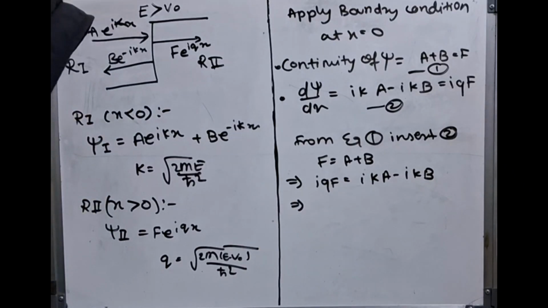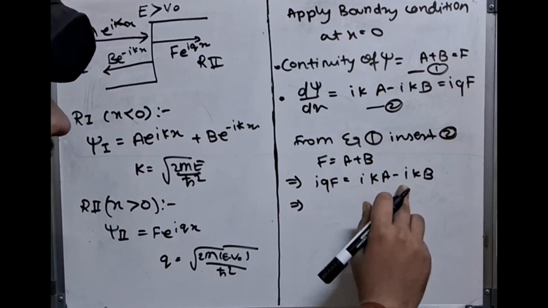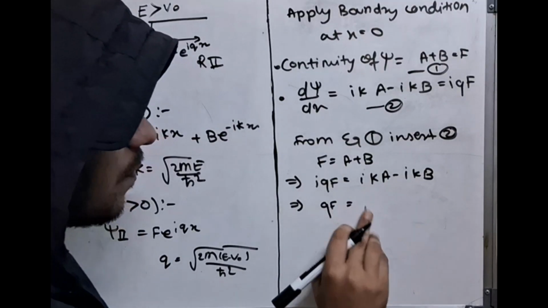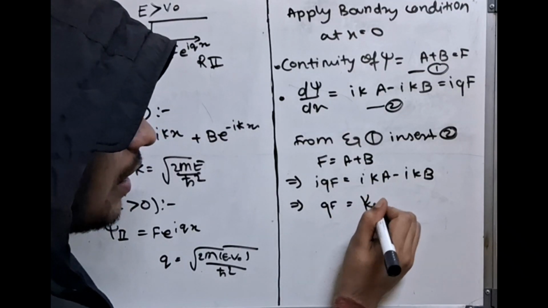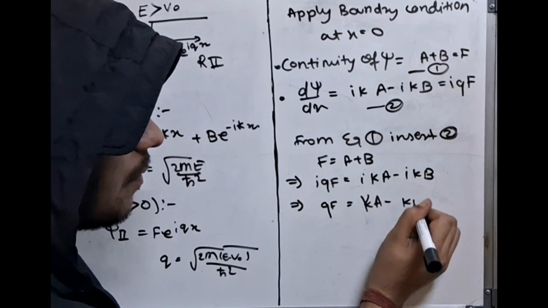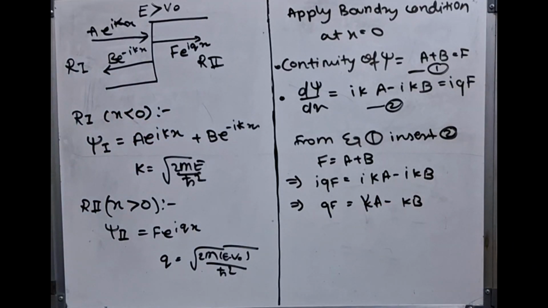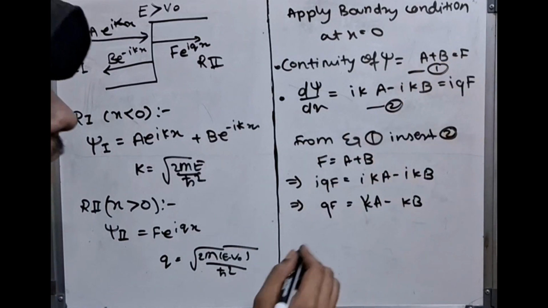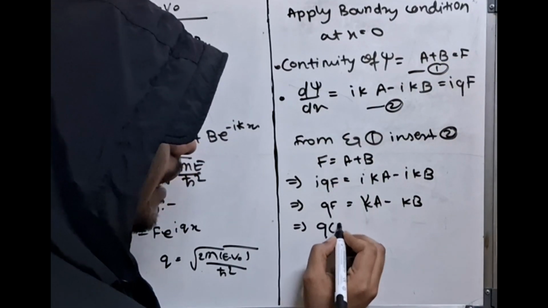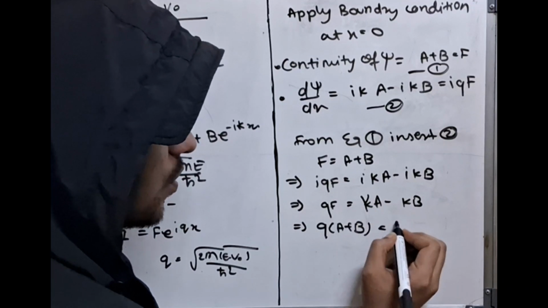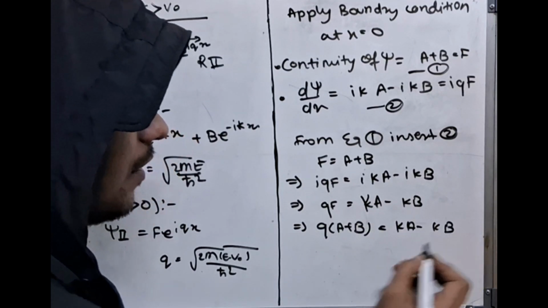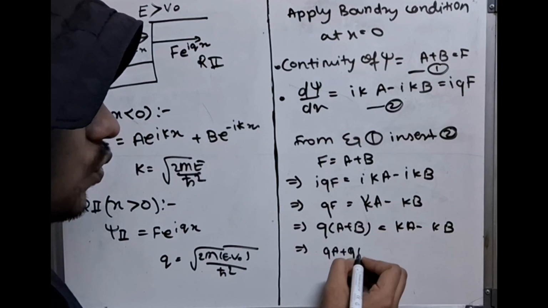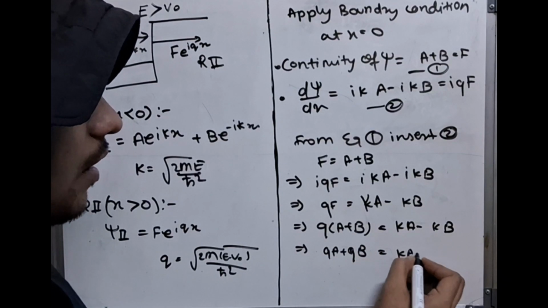We can just eliminate i because it is common. So we can just write that qf is equals to ka minus kb. Since f basically means a plus b, we can put the value of f in this. So q(a plus b) is equals to ka minus kb, and we multiply q inside. So qa plus qb is equals to ka minus kb.